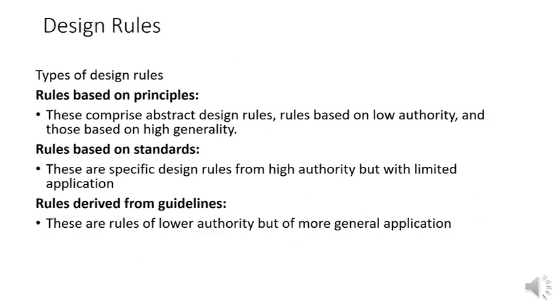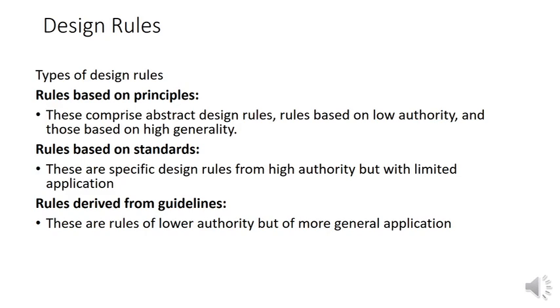So, some of the types of design rules that we have: rules based on principles. This comprises abstract design rules, rules of low authority, and those of high generality. That is, there are rules based on authority that at least must be adhered to when making a design of an application.